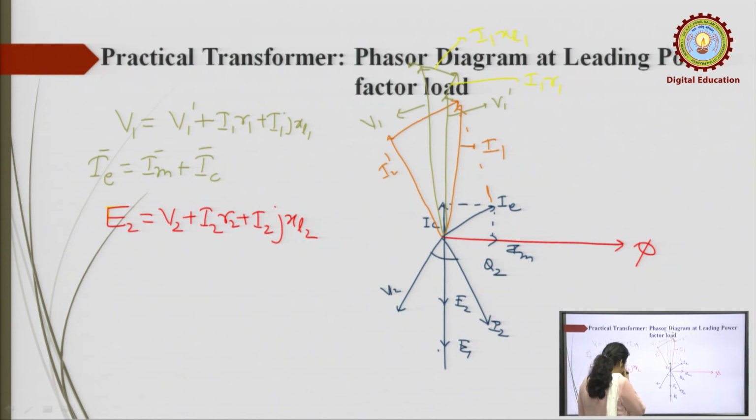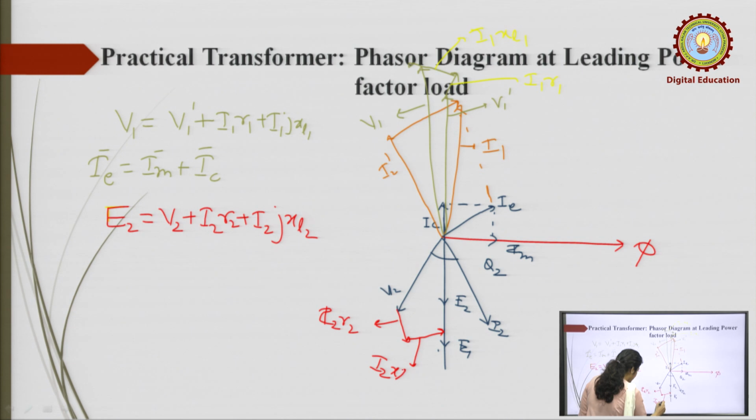To V2 you add I2 R2, which is parallel to this current, and I2 XL2, which is 90 degrees with it. So this is your I2 R2 and this is your I2 XL2.